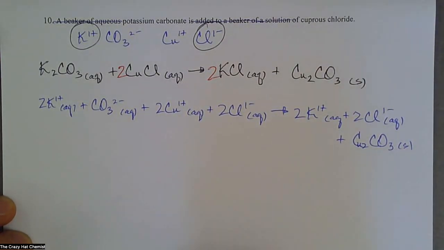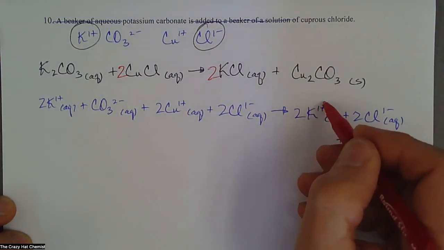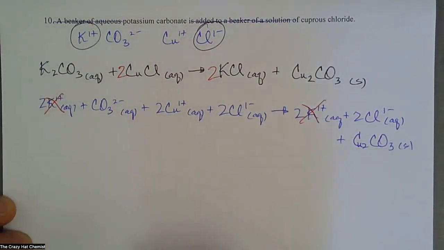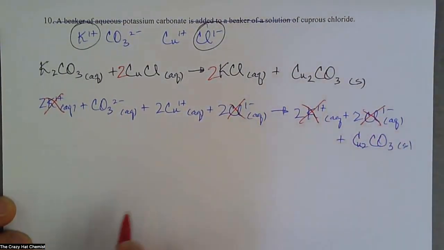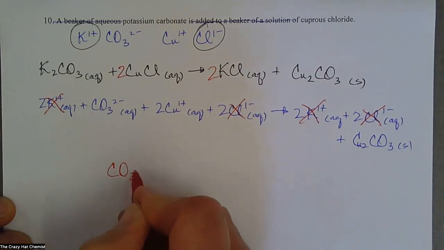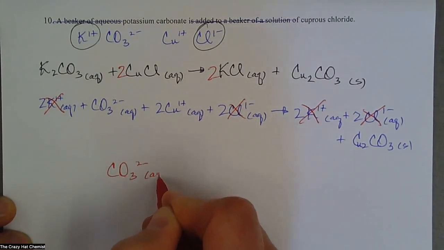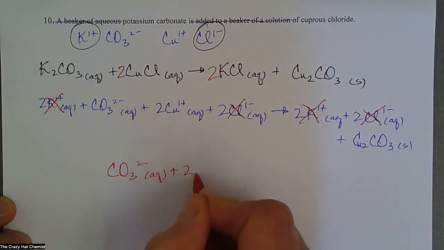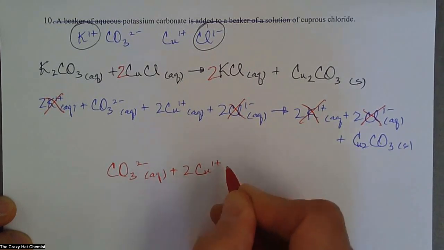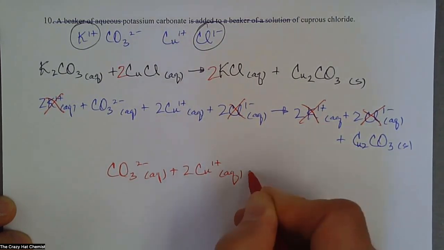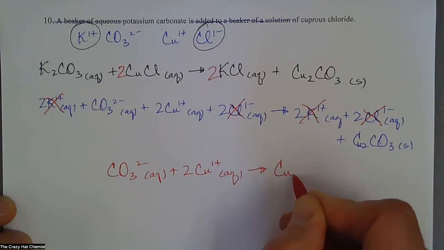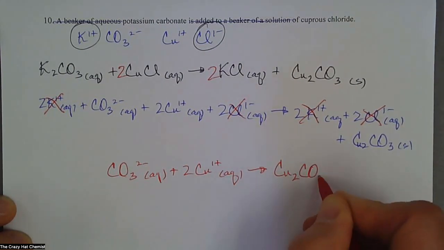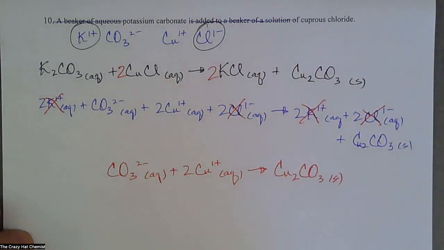And we're going to cross out our common ions, the potassium ion and the chloride ion. What remains is the carbonate ion, aqueous, and 2 cuprous ions, of course aqueous, and then you get cuprous carbonate. That's an insoluble precipitate.